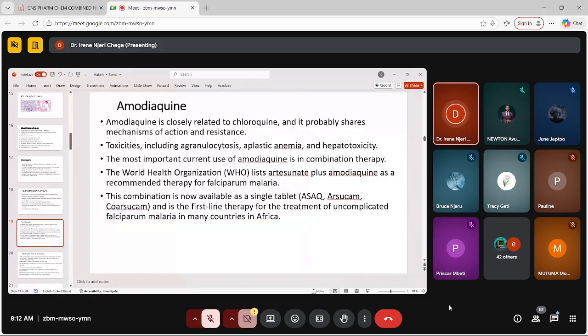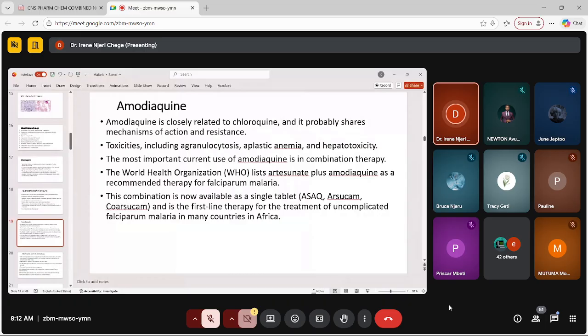We have Qinghaosu. This is actually from China. It's what has been used to treat malaria for hundreds of years. And it's actually a sesquiterpene lactone, if you can remember your pharmacognosy. Artemisinin is a plant-based medicine.